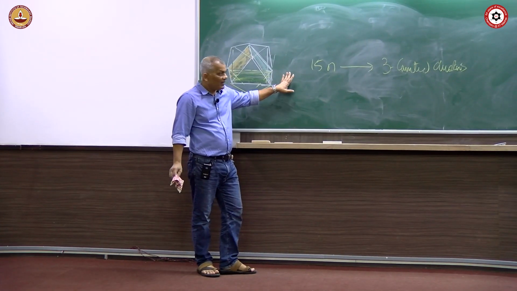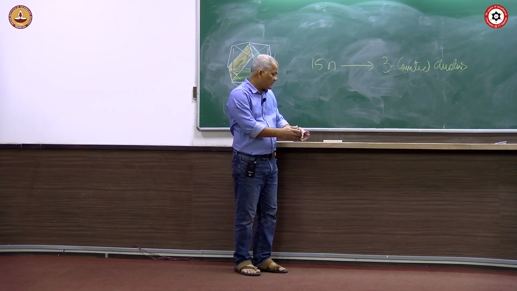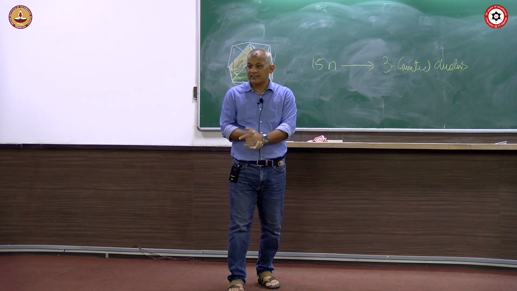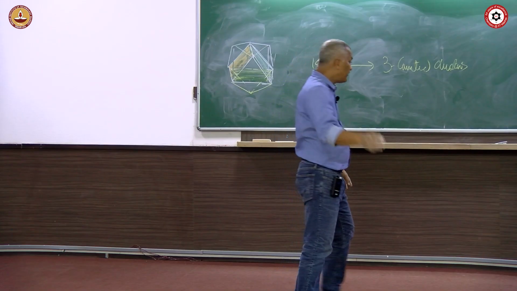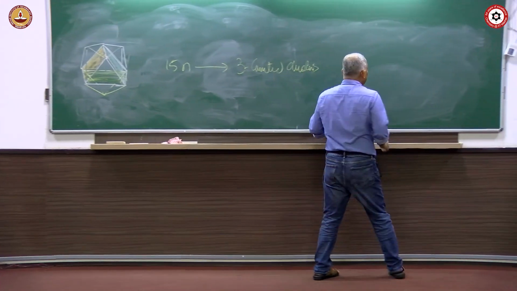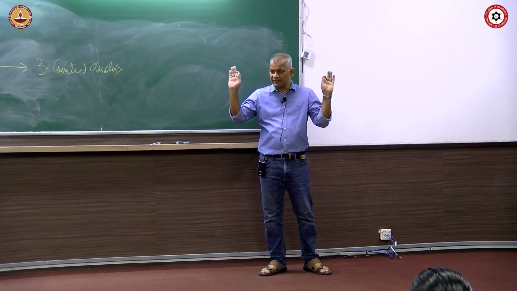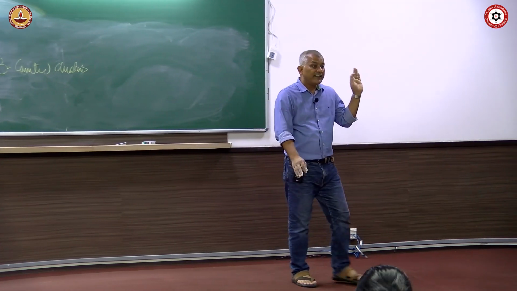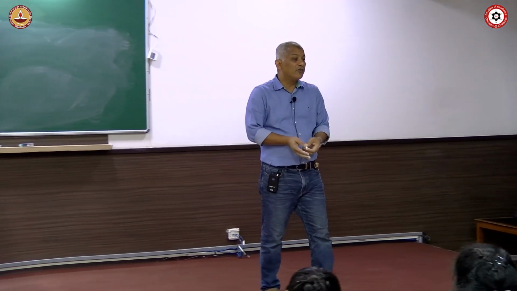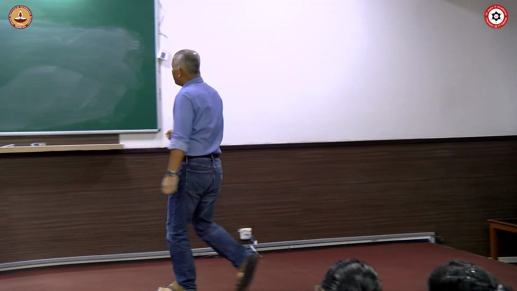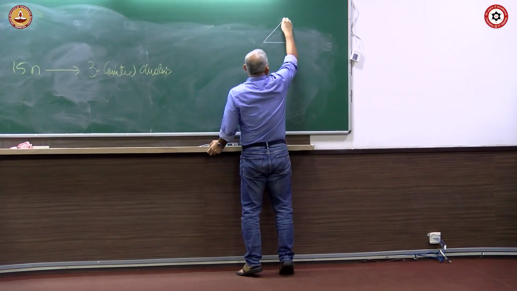15n. When you have 3-connected clusters, what are those clusters? You all know it. You have the examples given to you so far. I had given you tetrahedral. Draw the structure of the tetrahedron quickly.